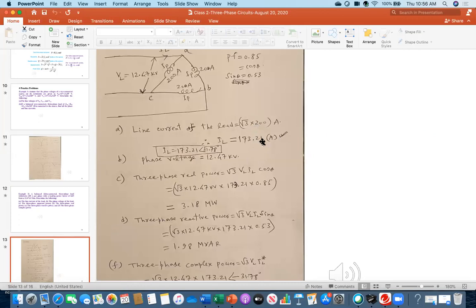So the value is 346.41, and I divided by 2. Probably when I did, I used 100 and then went accordingly. So I will be changing this.